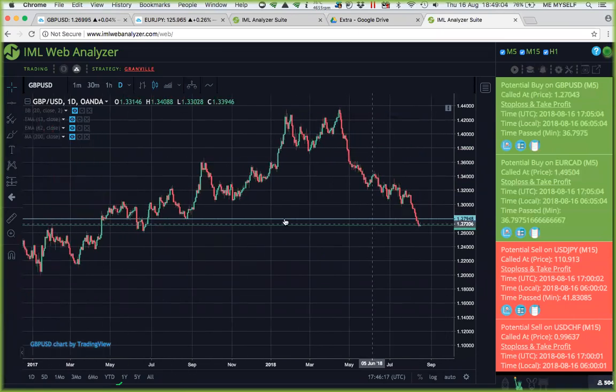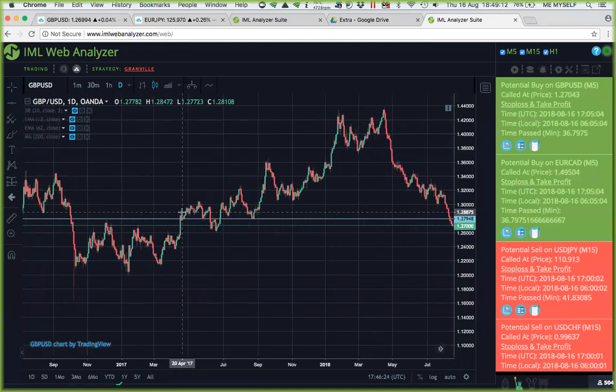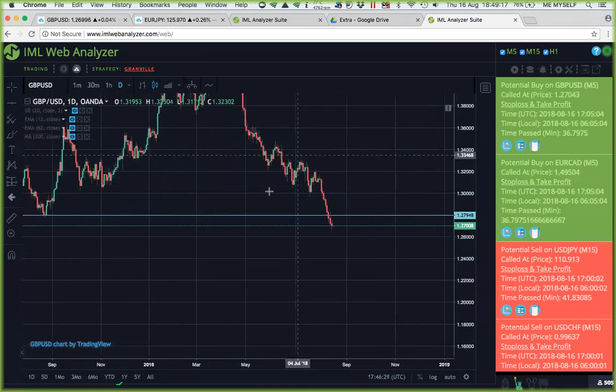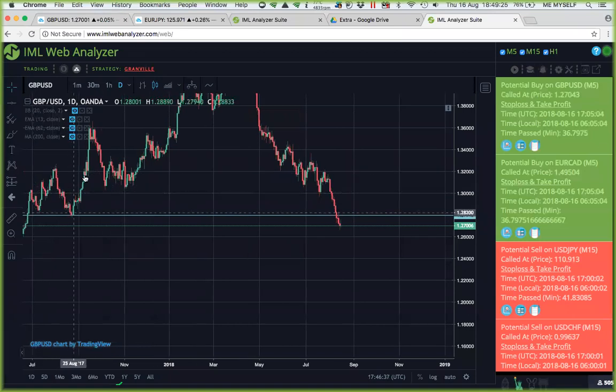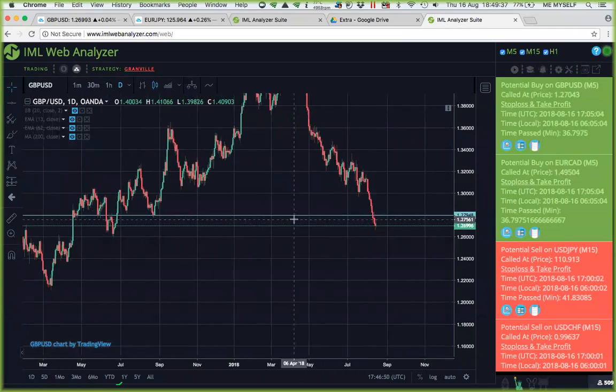So it is a very valid area for support and resistance. What that shows us is that price has pushed to this support area, and unlike here where price pushed down and then eventually went up, it has actually broken that area. So now we could see price potentially pushing down a bit further.